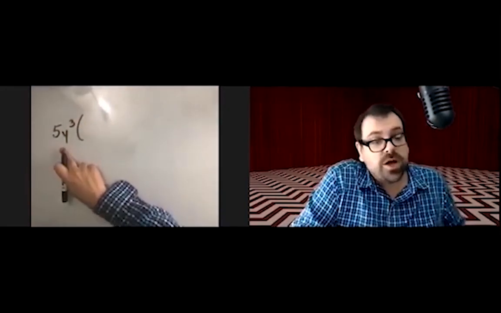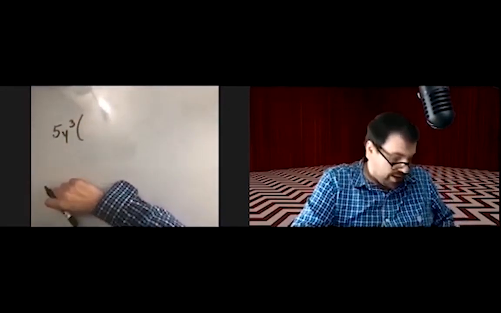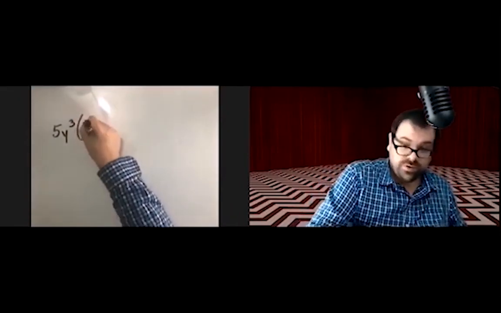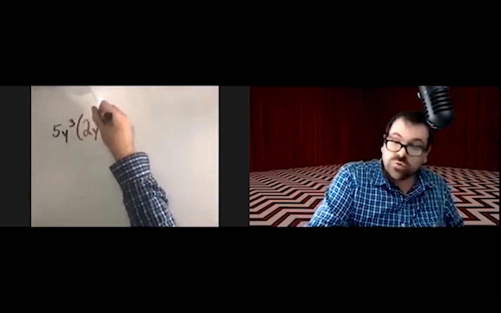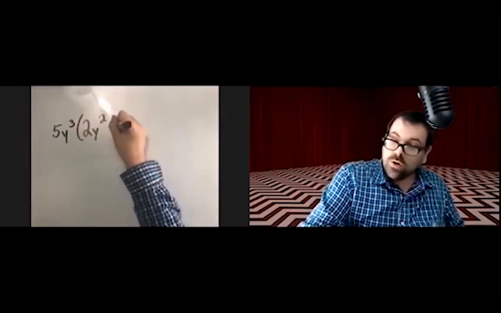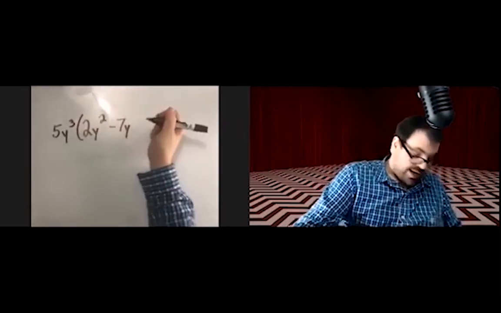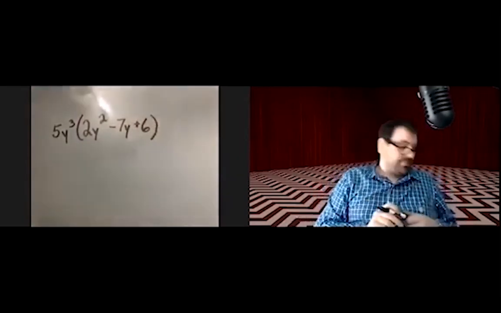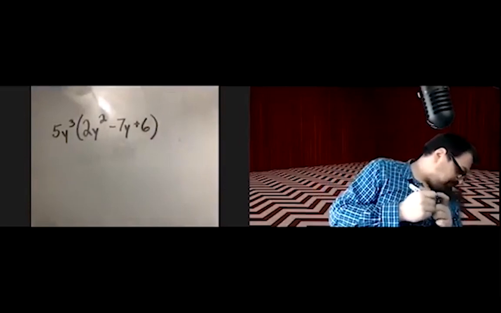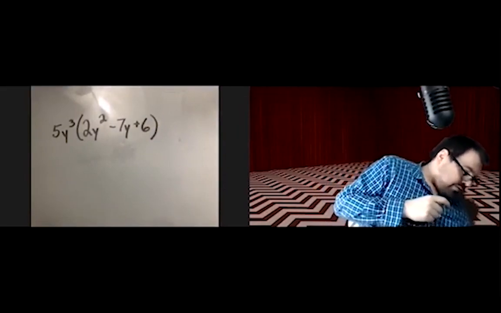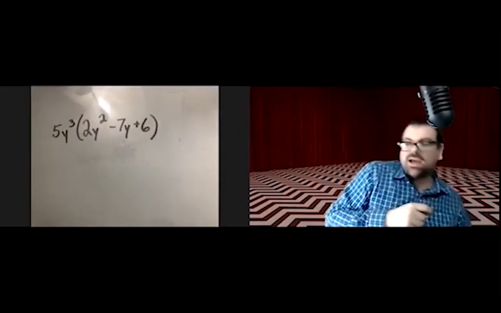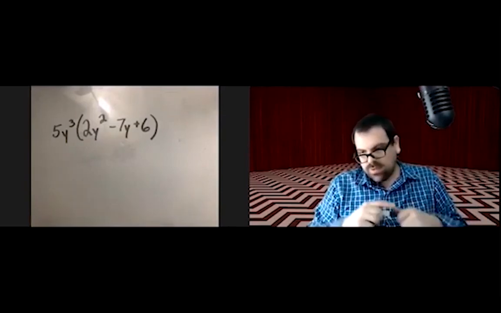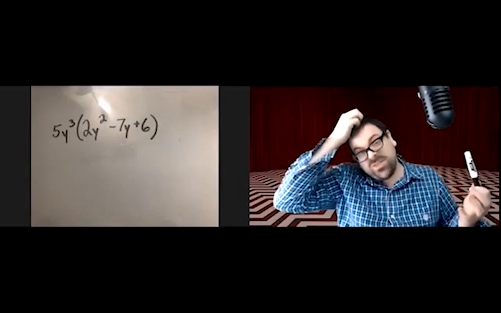When we multiply the monomial 5y cubed times the trinomial 2y squared minus 7y plus 6. Well, now we got to do a little more thinking.